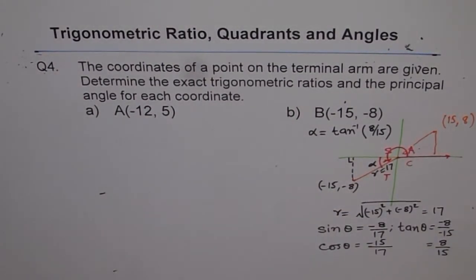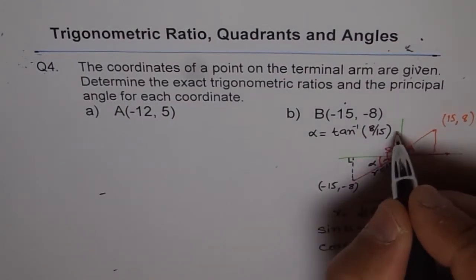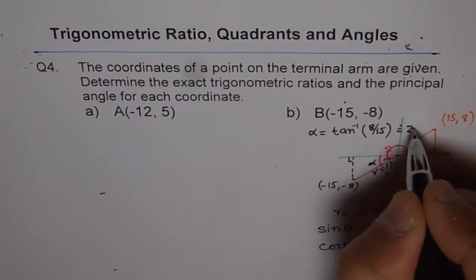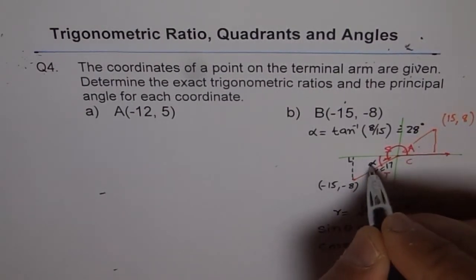So we'll find inverse tan of 8, the y value, divided by 15, the x value. We get 28.07, which is rounded to 28 degrees. So alpha is 28.